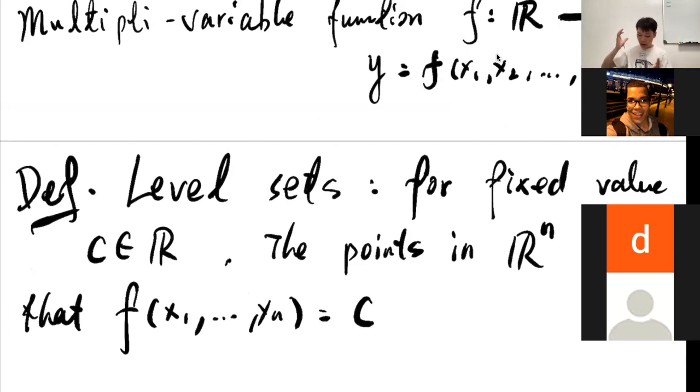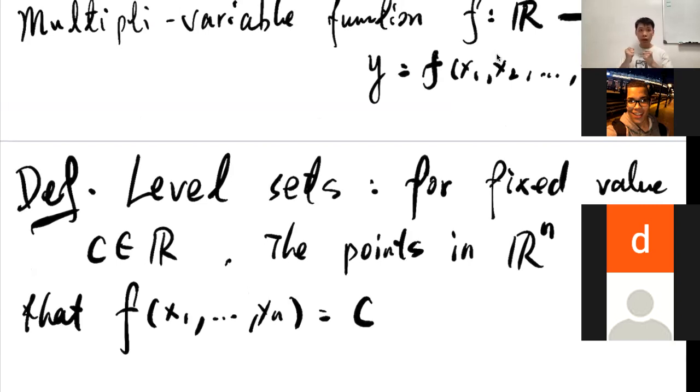Because, well, this is a result from topology, but it is actually very intuitive, right? Because your value C is a closed point in the real line.